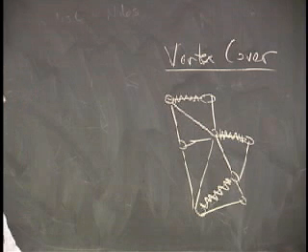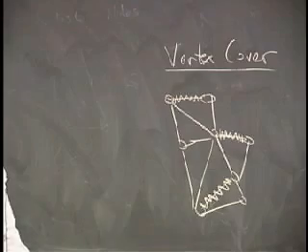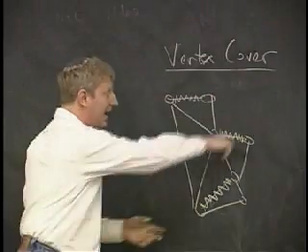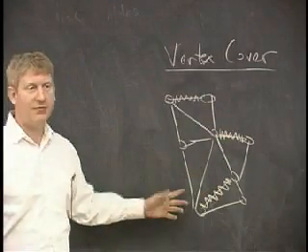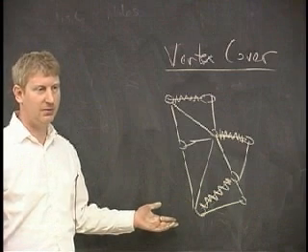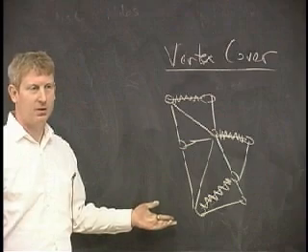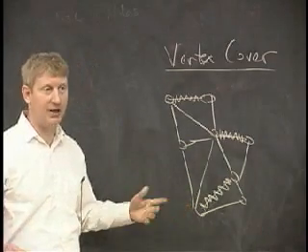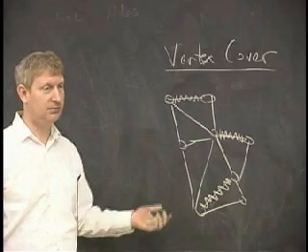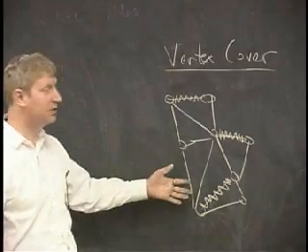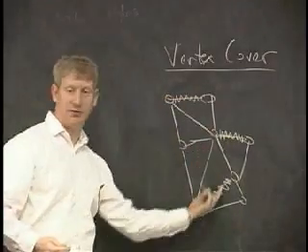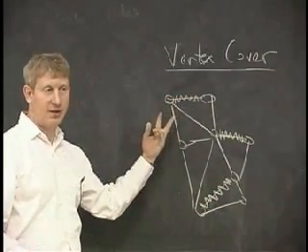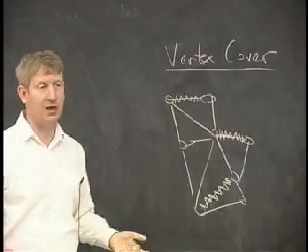Because you need at least one for each of the segments. Good. You see these hatched edges? They all have to get covered in the vertex cover, right? That means there's got to be at least one end of each one that's got to get covered, right? I can't possibly cover all the edges and have all of these missing. So I got to have at least 3 in my vertex cover.